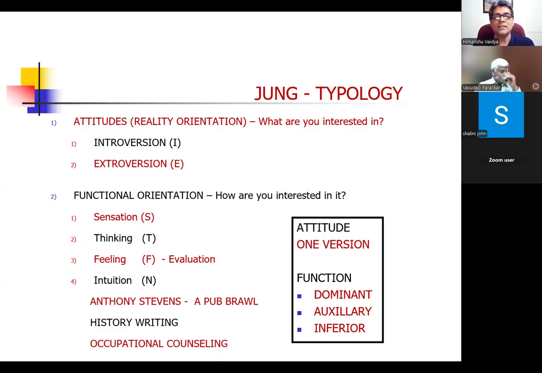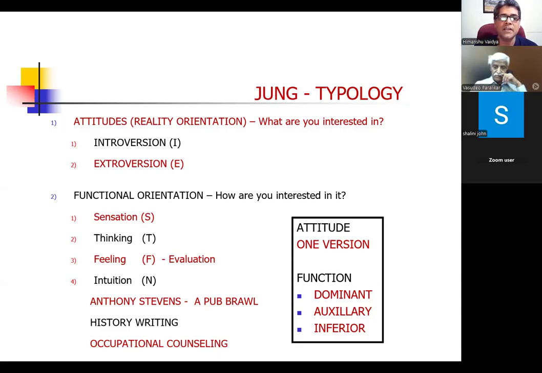So if you ask the sensation type what happened, he will describe the event like this. He will say, there were two people standing outside the pub. One was 6'4" in height and 85 kg in weight. The second was 4'2" and 75. The big person slapped the smaller person and he fell down. This is the description of the sensation type, a very physical description. Almost like a physics teacher.